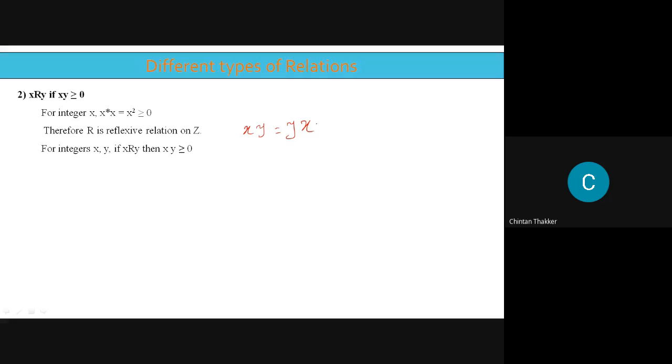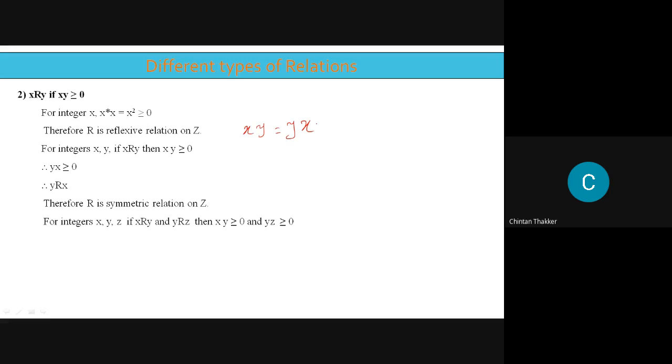In multiplication, x into y is equal to y into x. So we have here y into x is also greater than or equal to 0. So that means y is related to x and R is a symmetric relation on Z.